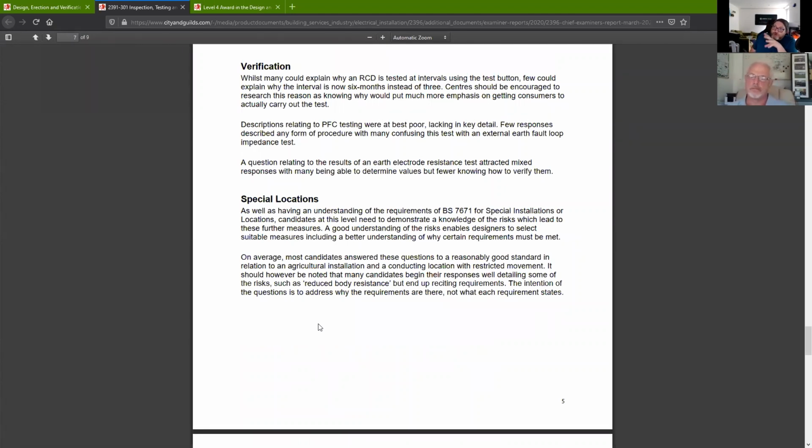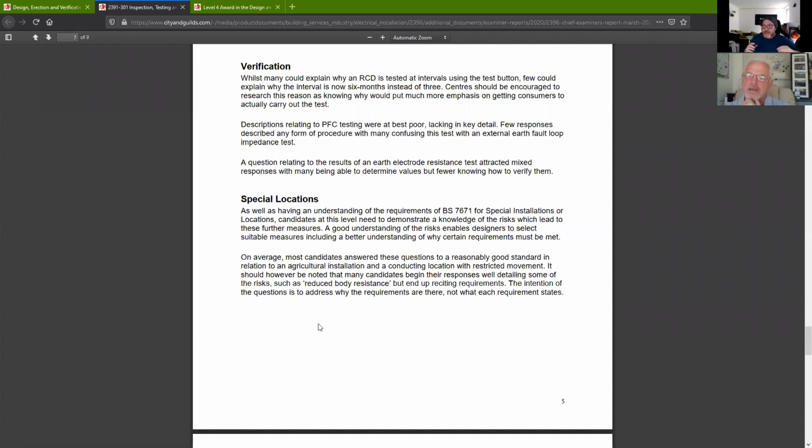And I think one of the problems with that is because they've got the regs book. So they've got a question, and if the question's about a conductive location with restricted movement, they're going to go straight to 704, is it? Or, no, 704 is agricultural. 706, I think, maybe 706, 705, one of those. And they're just going to see the stated information, and they're going to then copy that over, or loosely copy that over.